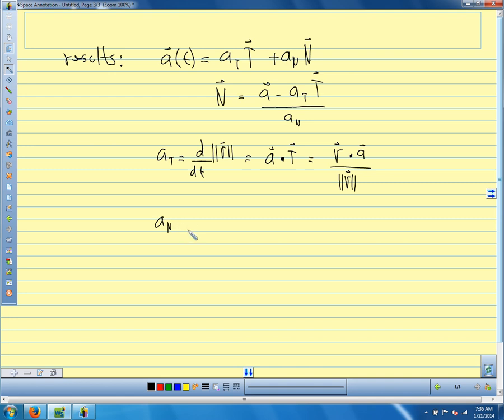We find that a sub n, our first expression for a sub n, was the speed times the magnitude of t prime. That's what we got from taking the derivative. We also said that that was a dot n. And when we find v cross a and simplify that, we find that that is the magnitude of v cross a divided by the magnitude of v.